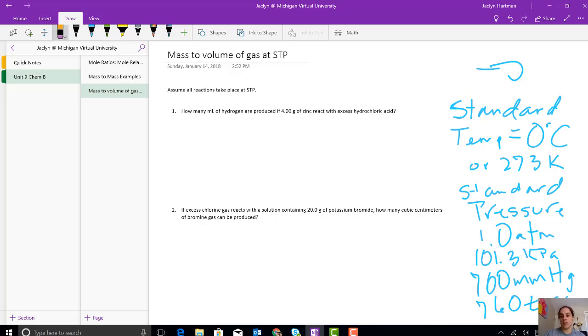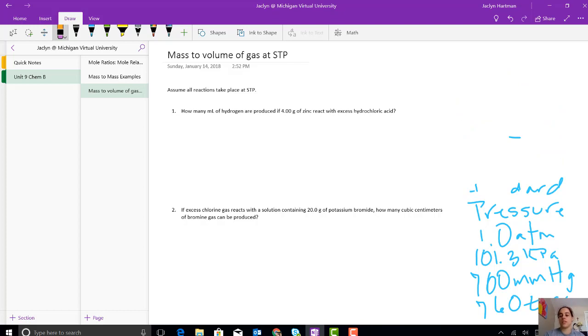When you're at these conditions, there's a really unique relationship that exists.